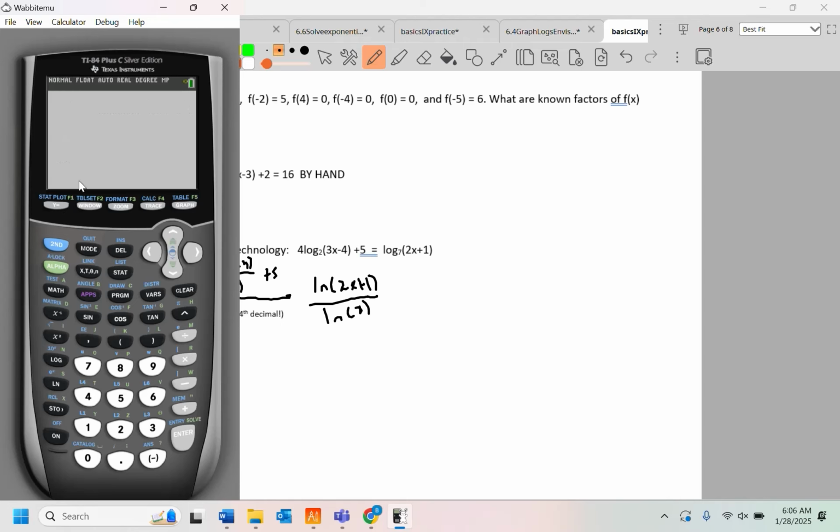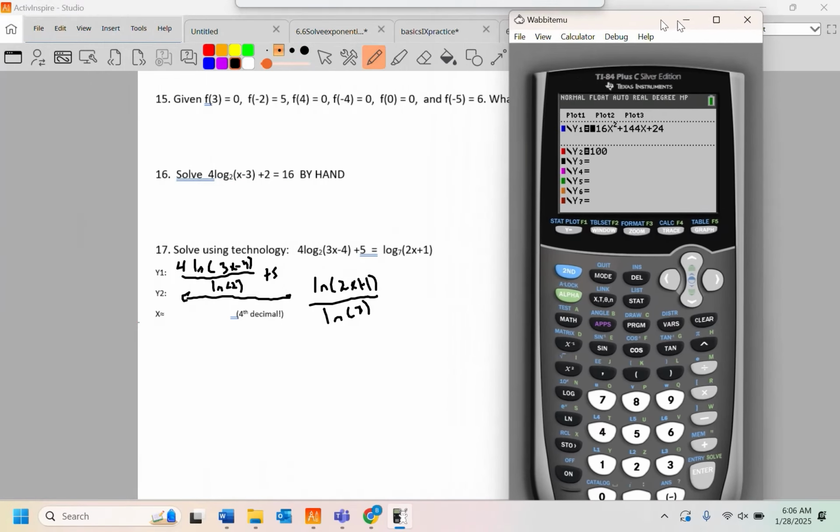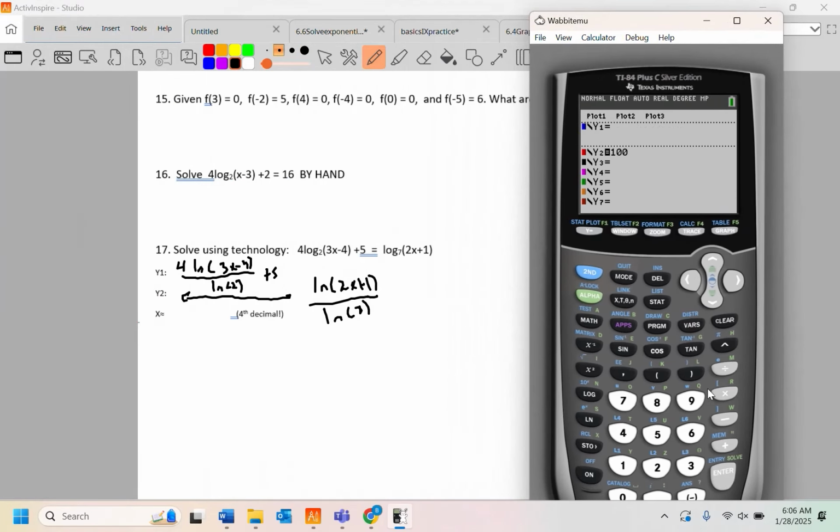All right, so I'm at y equals, I'm going to type some stuff in. The safest way to do this is to go to math, num, n over d. So that's where I'm going. We got 4 ln of 3x minus 4. Close the parentheses just like it was written. Sitting over the ln of 2. Then we're going to have to add 5 in.